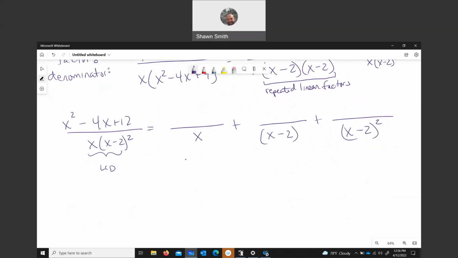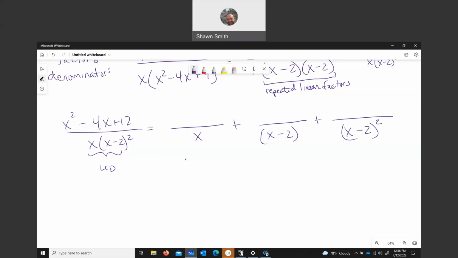Is x in there? Yes. Is x minus 2 in there? Yes. Is x minus 2 all squared in there? Yes. If you multiplied all 3 of these denominators together, you'd end up with 4 factors, right? We don't want 4, we still just want 3.